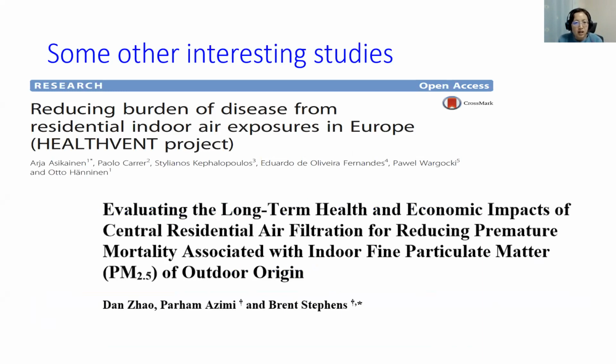Generally, I think there are some other very interesting studies if we talk about the big picture. The big topic today is indoor air pollution, focused on particulate matter and health. I'll give you some examples here, in Europe and also in the United States.